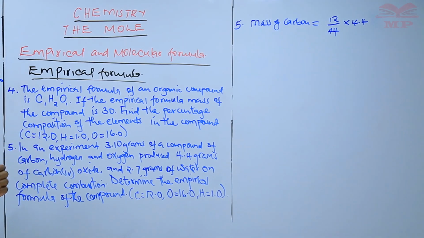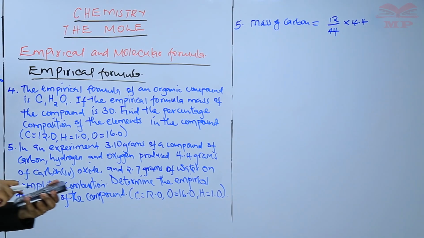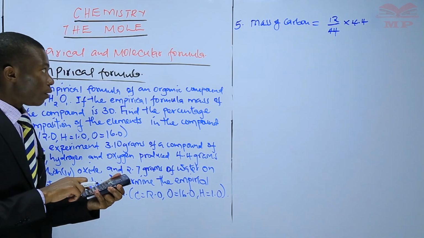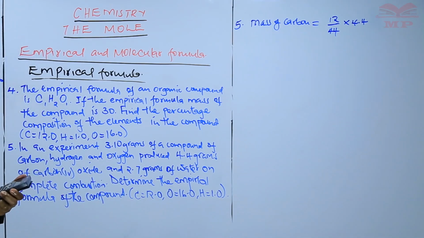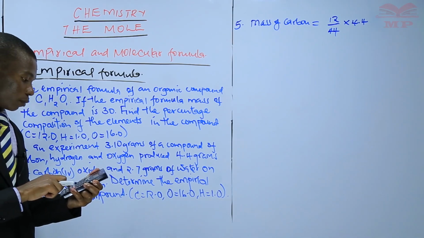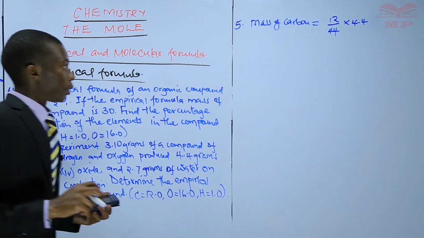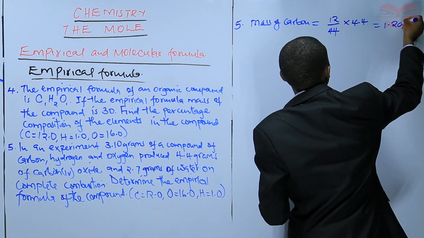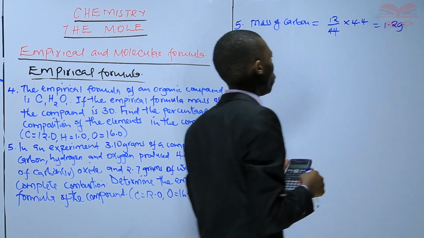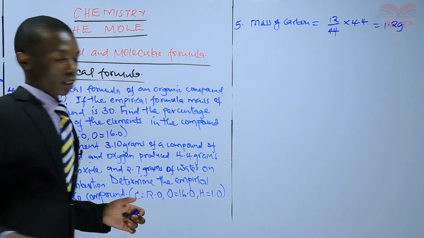Therefore, this will be 12 divided by 44, multiplied by 4.4. You'll get 1.2 grams. That is the mass of carbon.